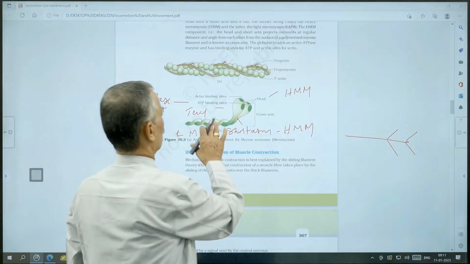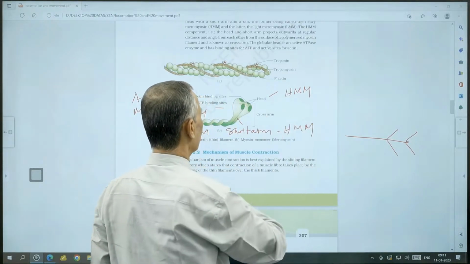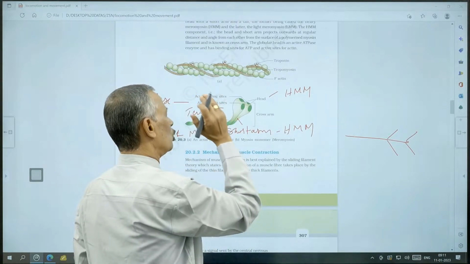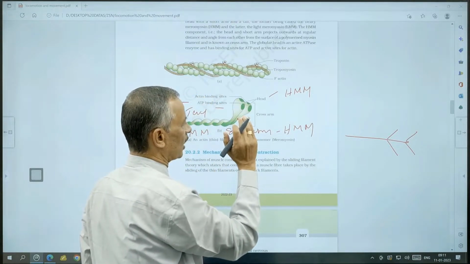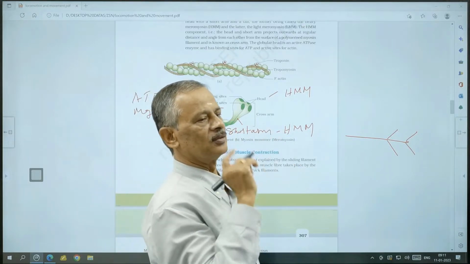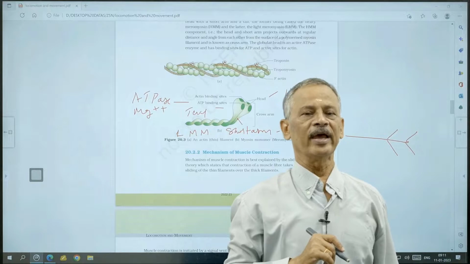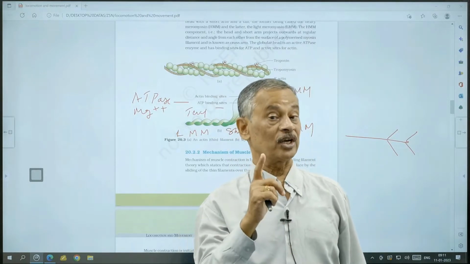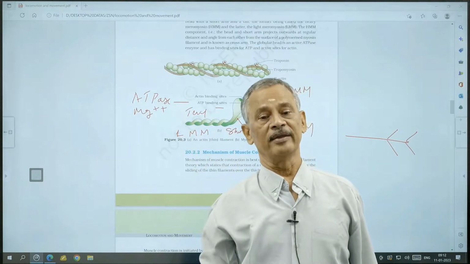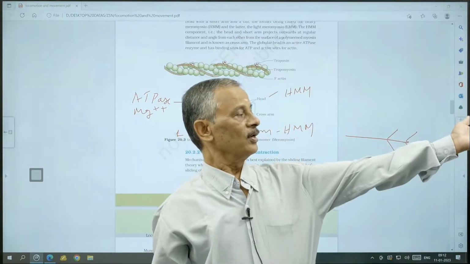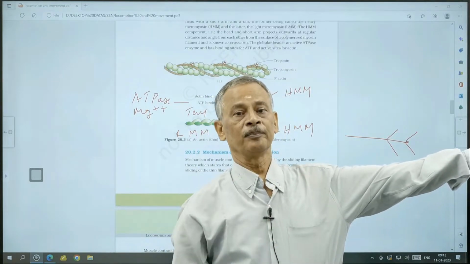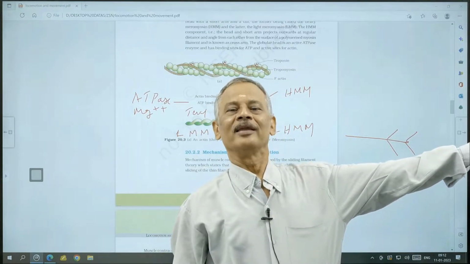This is the structure of a meromyosin, and about 200 meromyosins are arranged in one thick filament. They are arranged symmetrically on either side of the M line. That is, suppose I am the M line.